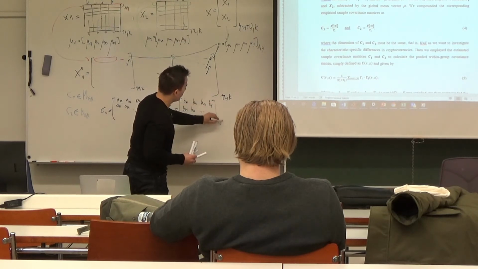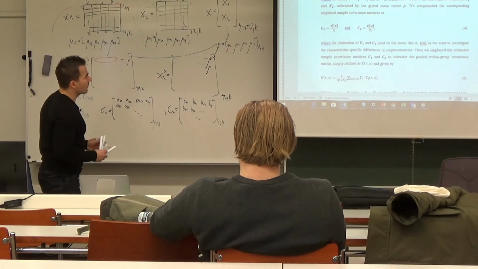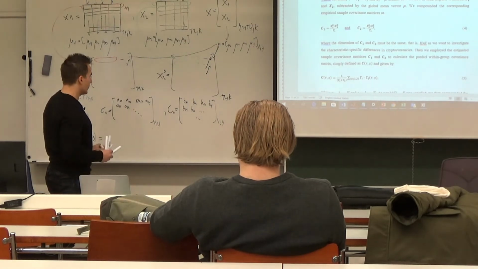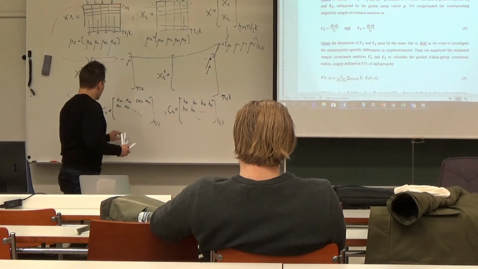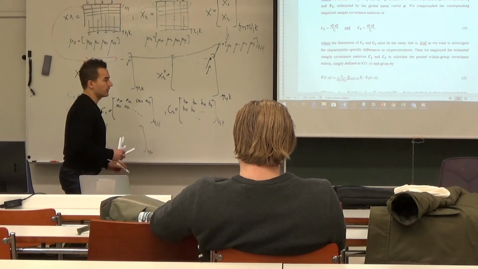4 by 4. So in this step we create a new matrix and call it C_RS, which is the pooled within group covariance matrix. It must be a 4 by 4 matrix, right? The same dimension.